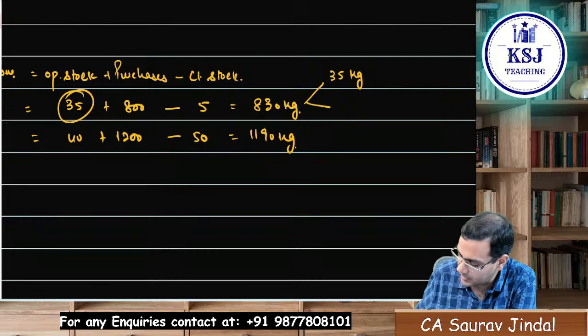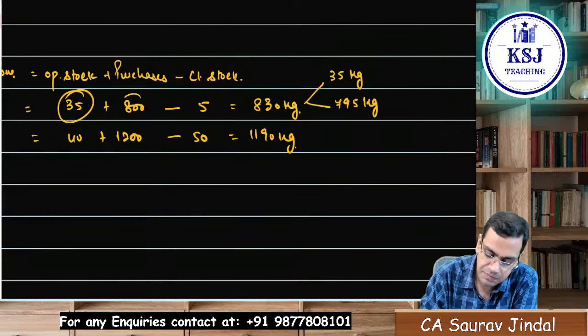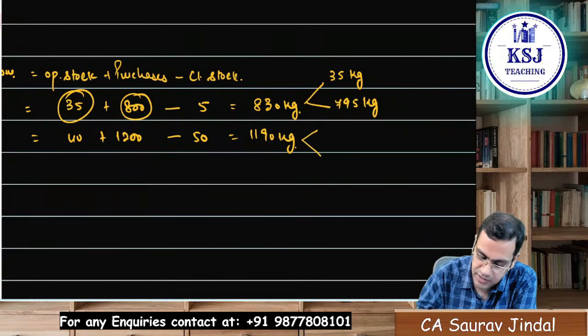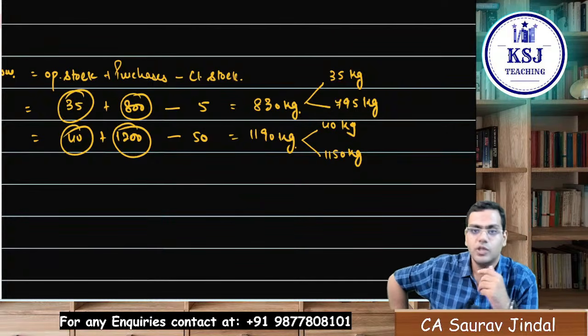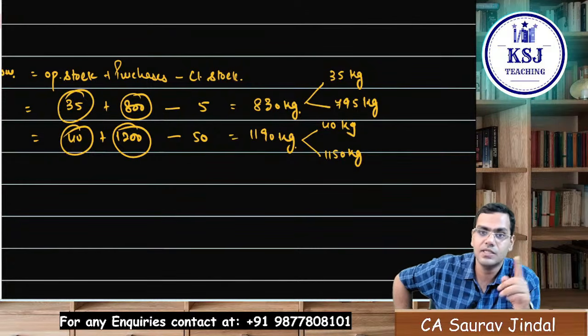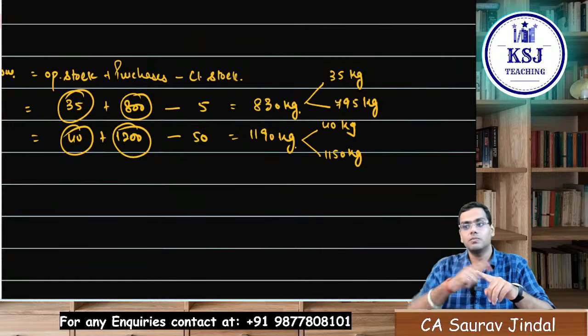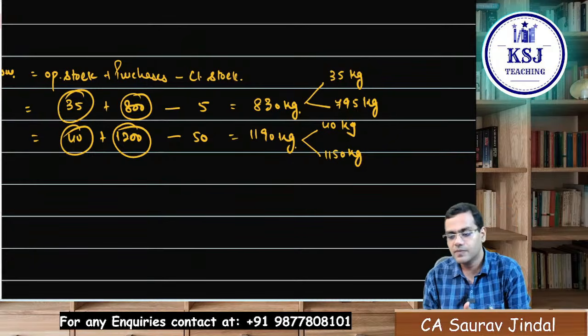The remaining 830 minus 35, that is 795 kg, is from this purchase. Clear? Next, 1190 kg. Sir, 40 kg is from the opening stock and the remaining 1150 kg is from the fresh purchase. So the consumption is taking place on the FIFO basis. First in, first out. 35 units was the opening stock, so we are going to consume that first, and after that whatever consumption is required will be from the fresh purchase.